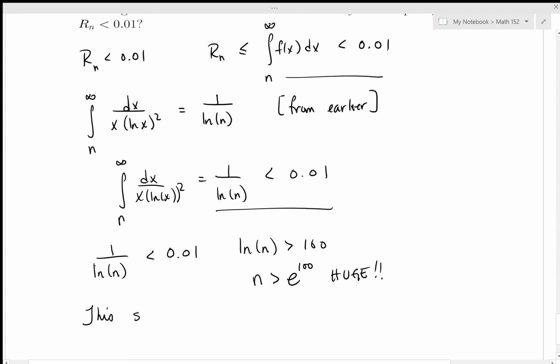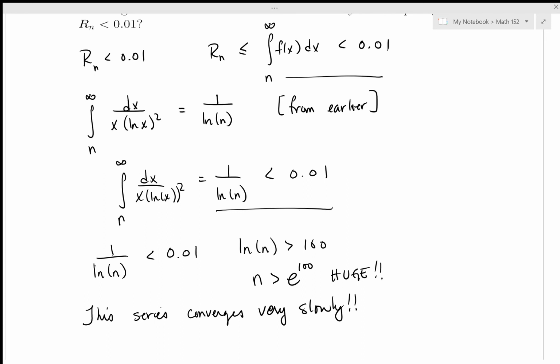This series converges very slowly. So we have very fast computers at this time in our history, so we can actually do lots and lots and lots of computations.